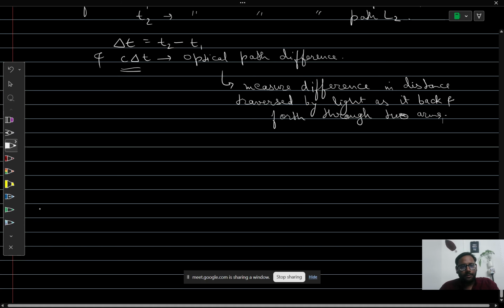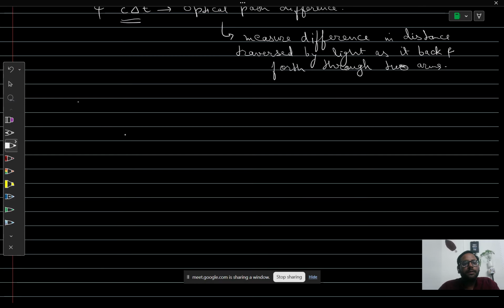Now let's see another thing, that is phase difference. Okay, phase difference is defined like this. By lambda, it gives the optical phase difference.